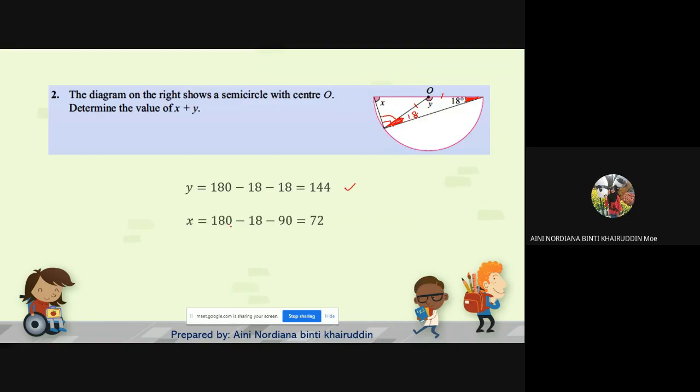This one actually uses this triangle. So to calculate x, 180 minus 18 minus 90. So x equals 72. So x plus y equals 144 plus 72 equals 260.